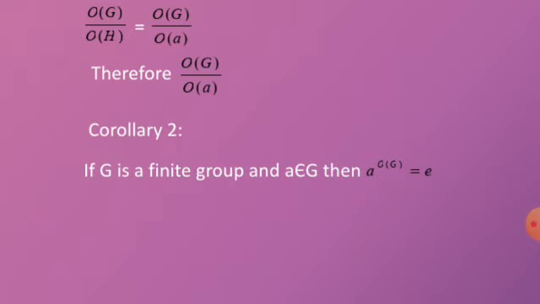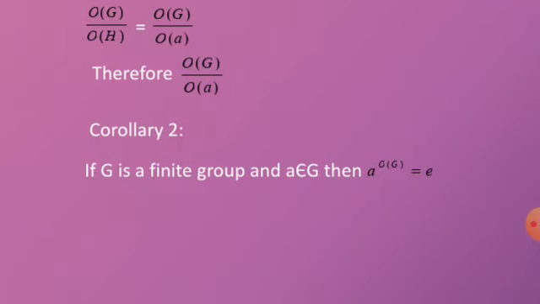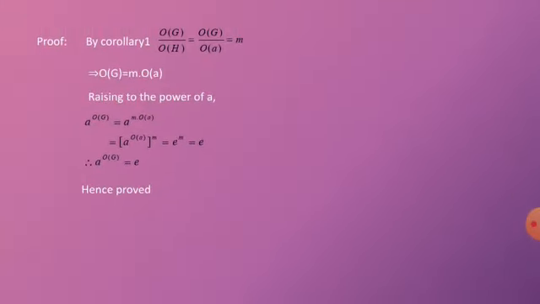Let us see another corollary. If G is a finite group and a belongs to G, then a to the power of the order of G is equal to e. By corollary 1, we know that the order of G divided by the order of a is equal to m. That implies the order of G is equal to m times the order of a.